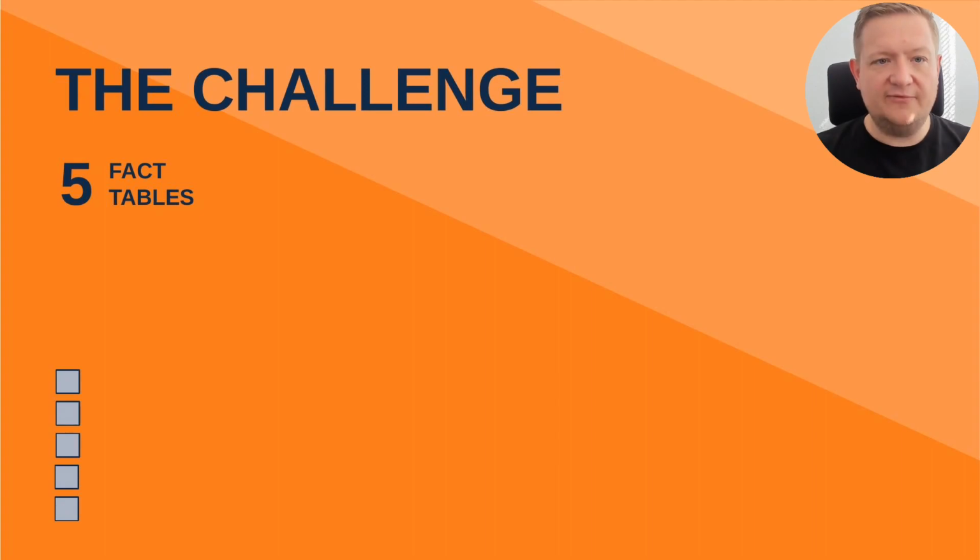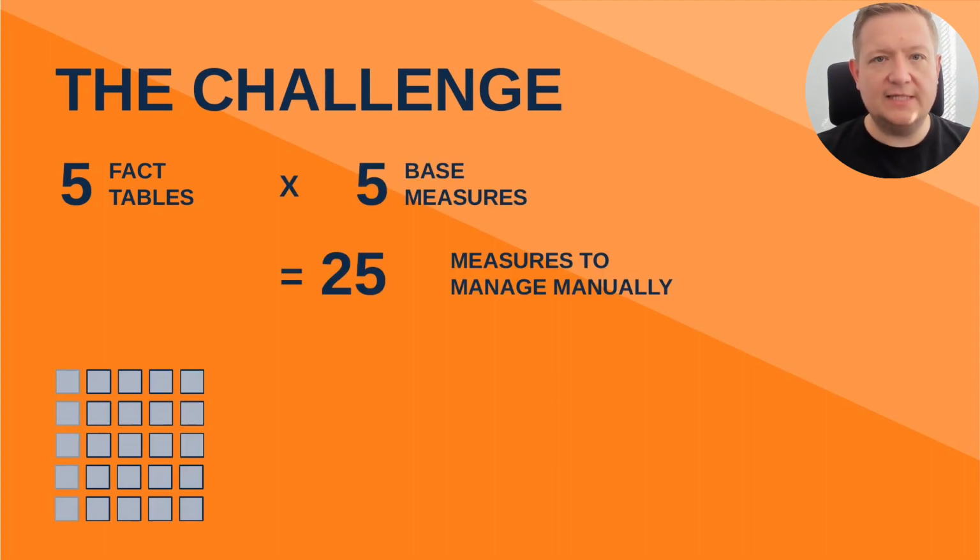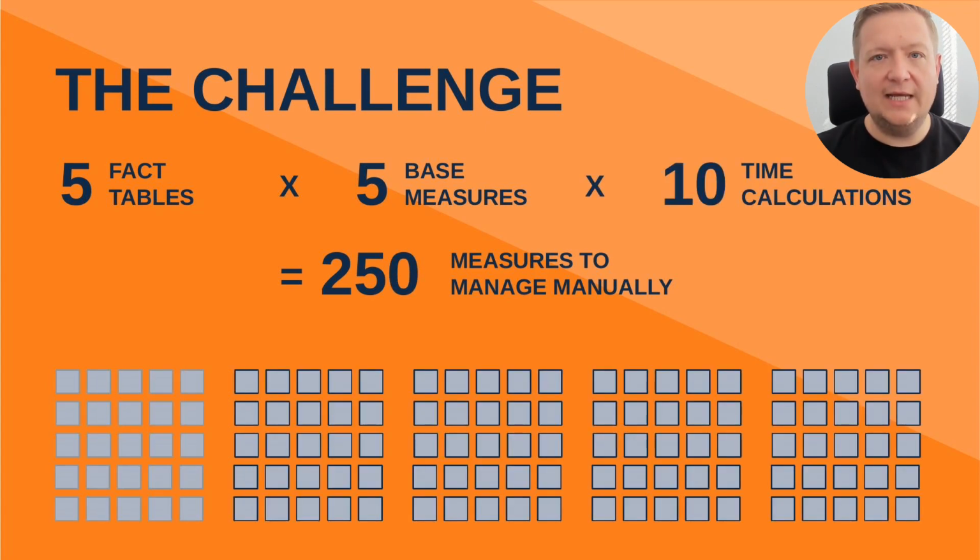Let's say you have 5 fact tables in your model, and each of these fact tables has 5 base measures in it. That already adds up to 25 measures that you need to manage. And now you introduce time intelligence, time calculations to your model.